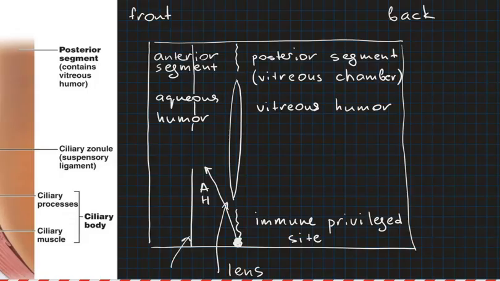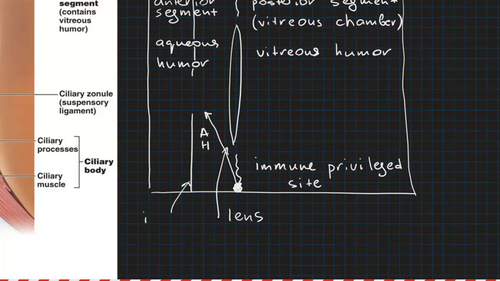Turns out your anterior segment is divided by this muscle called iris, the one that constricts and dilates the pupil.